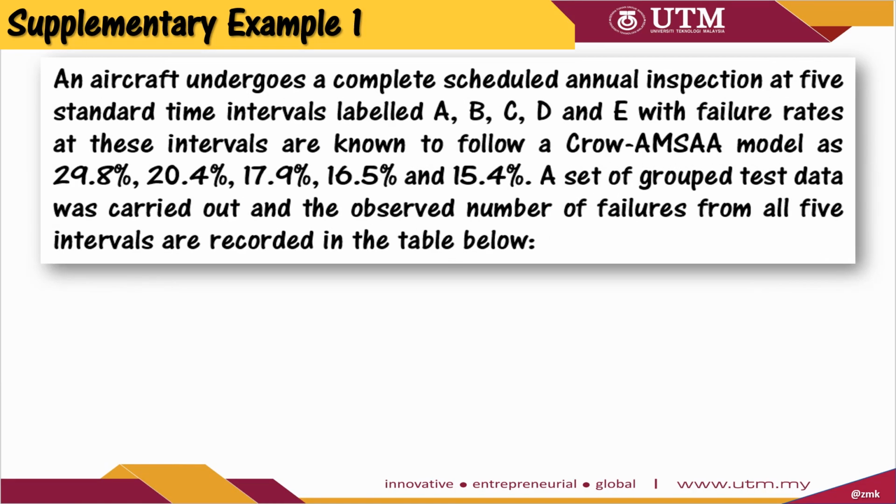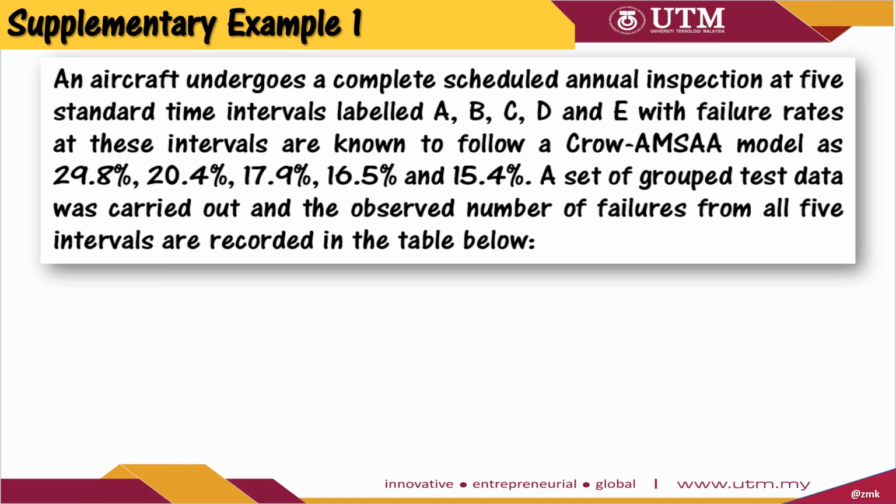An aircraft undergoes a complete scheduled annual inspection at 5 standard time intervals labeled A, B, C, D, and E, with failure rates at these intervals known to follow a Crowe-Amsa model as 29.8%, 20.4%, 17.9%, 16.5%, and 15.4%.